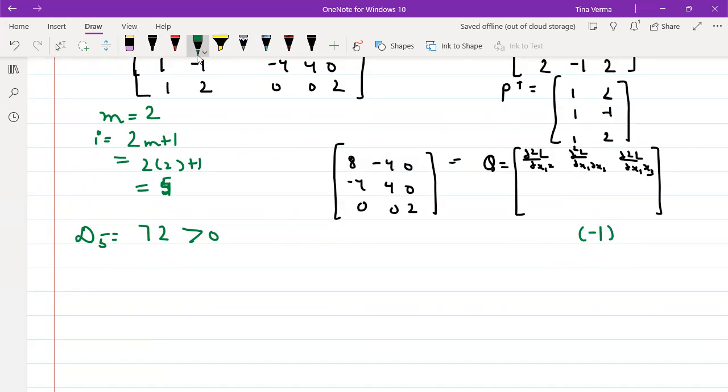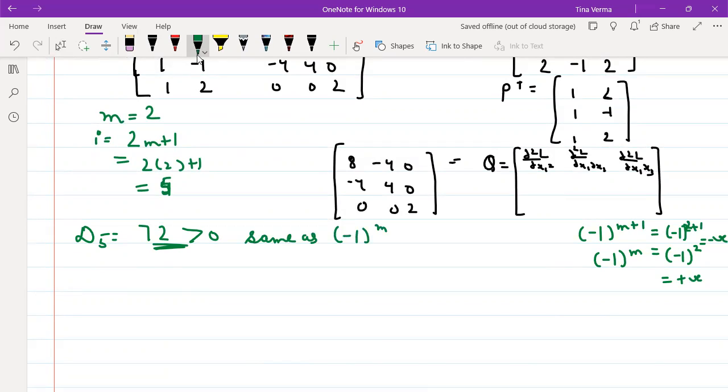और इसका साइन क्या है? हमने क्या किया था? साइन या तो माइनस 1 raised to m plus 1 रहे या माइनस 1 raised to m रहे. किसके साथ मैच कर रहा है इसका साइन? And m we have 2. di का साइन. So we have 2, so that is positive and this is negative. Next हमें calculate करने ही नहीं है because we do not have order to calculate. So that is the same as the sign of minus 1 raised to the power m.